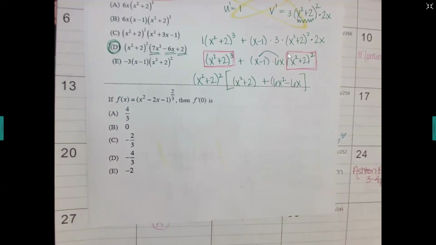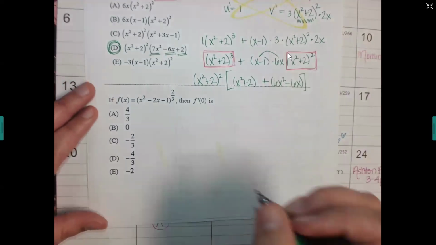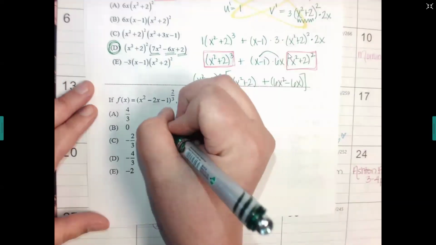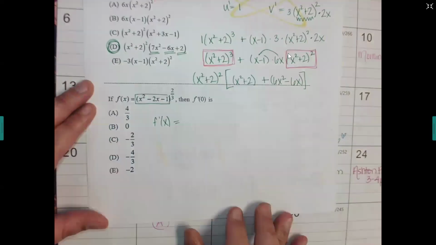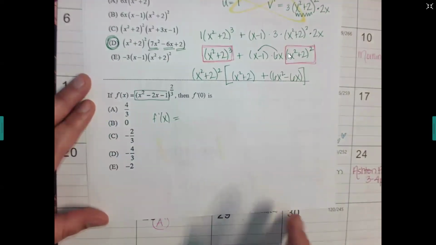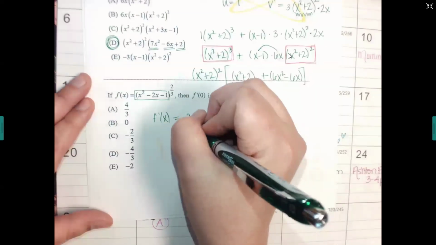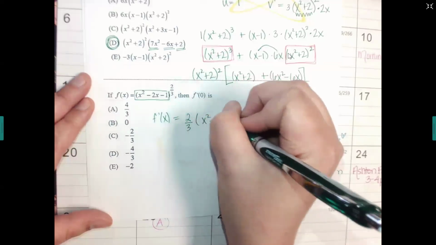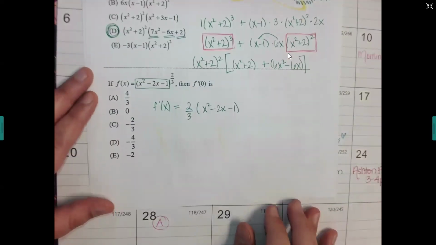Is it product, quotient, or chain for the bottom question? Chain rule, very good. So f prime of x, we have a bunch of stuff to the 2/3 power. So remember, to take a derivative, that 2/3 multiplies to the front. My core stays the same, but I have to take away 1 from 2/3.